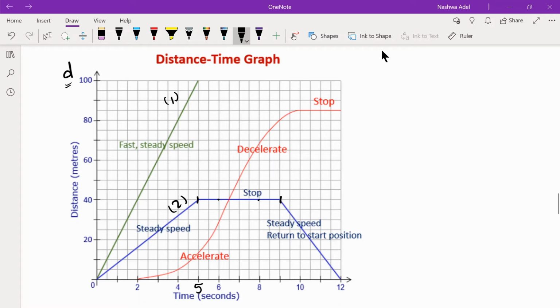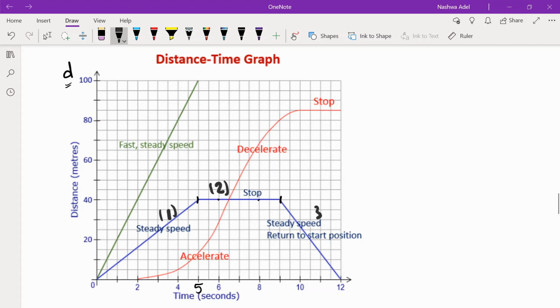The green one is a steady speed, and this part of the blue one is a steady speed but less speed than the green. Part 2, body at rest or stationary object, and part 3, steady speed in the opposite direction, or returns back to the initial position.